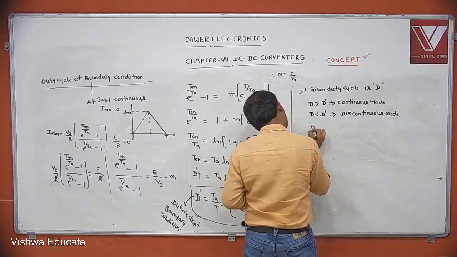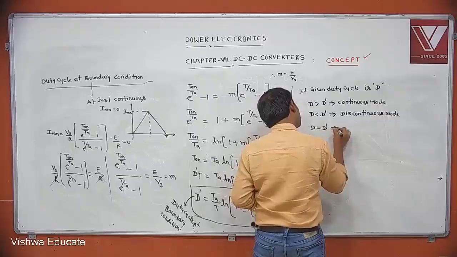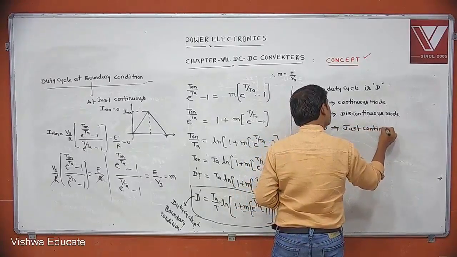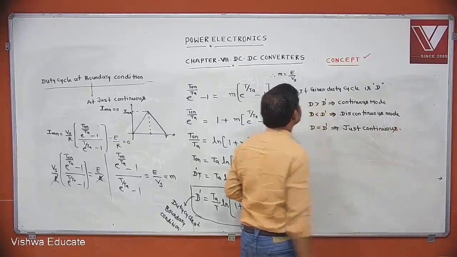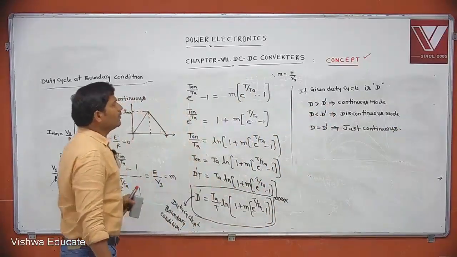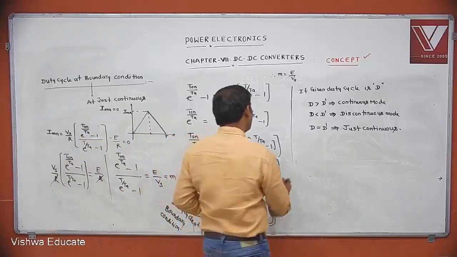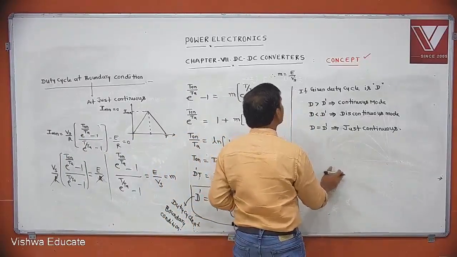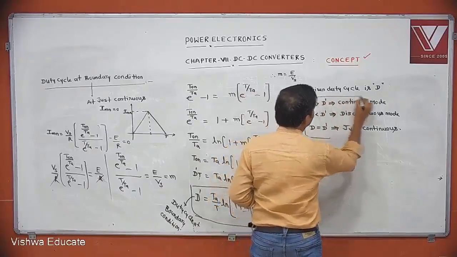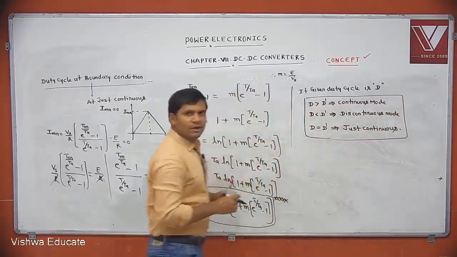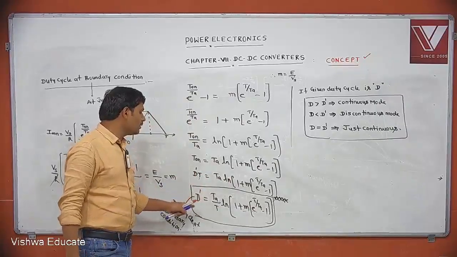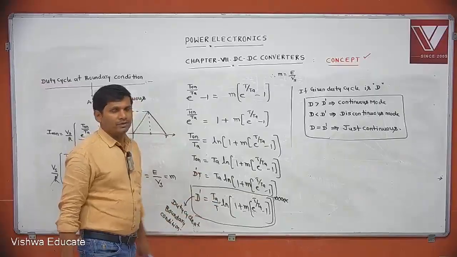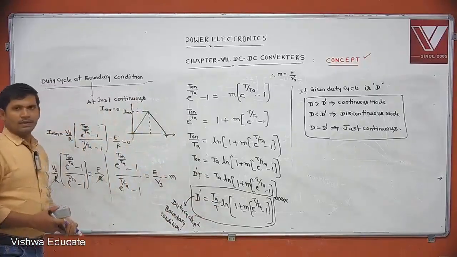If D equal to D dash, then it is just continuous. Remember these conditions. This is the duty cycle at just continuous, at boundary condition.